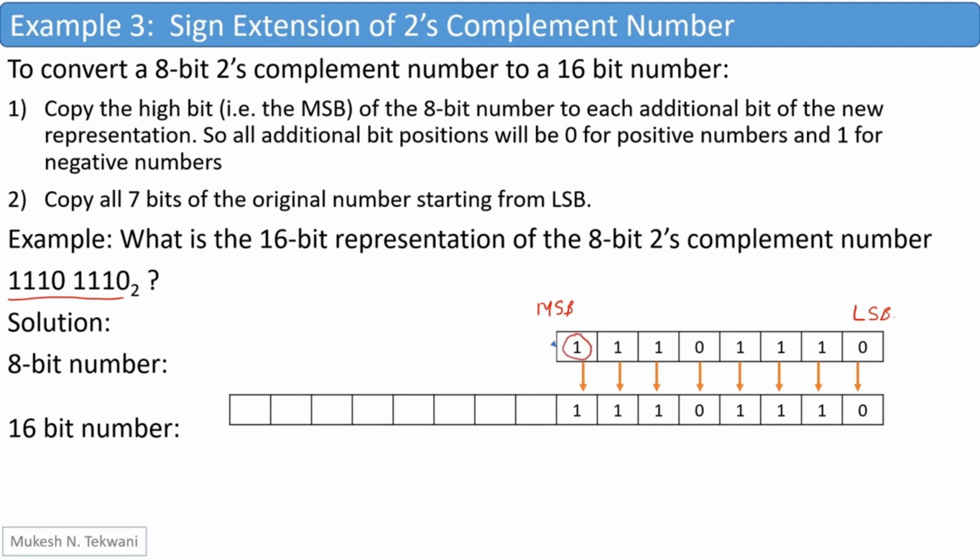This high bit, we will copy it to each of the remaining positions in our new number. So this high bit will be copied into each of the positions which are now vacant in the 16-bit number. So we'll have all these positions being filled up with 1.